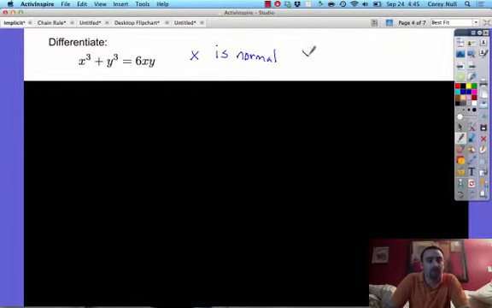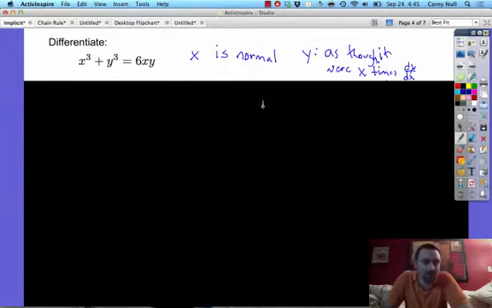For y, we're going to differentiate as though it were x times dy dx. So we differentiate it in the same way we would do x, but then, when we're done taking that derivative, we also multiply by dy dx.